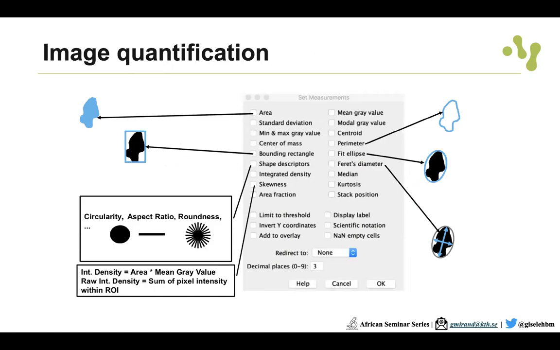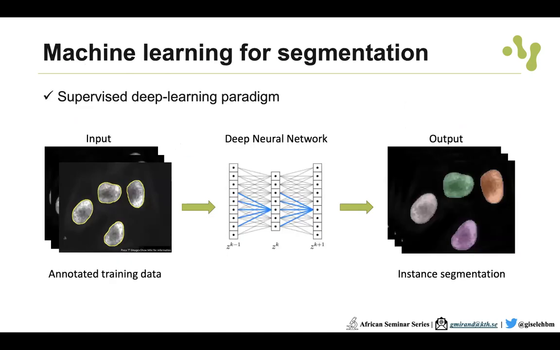We can have measures related to intensity, measures related to the shape, so shape descriptors such as circularity, for instance, and so on. So we have different types of measures that can be extracted. This is an example also of the available measures in Fiji. This is what we call a typical workflow using thresholding segmentation plus filtering.